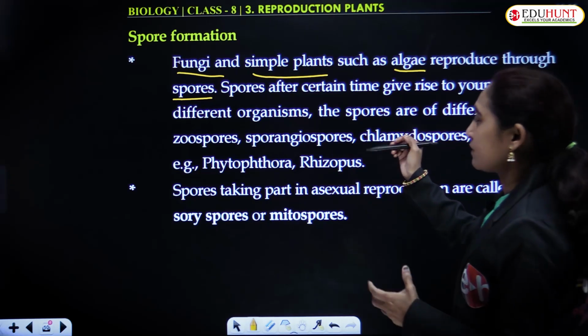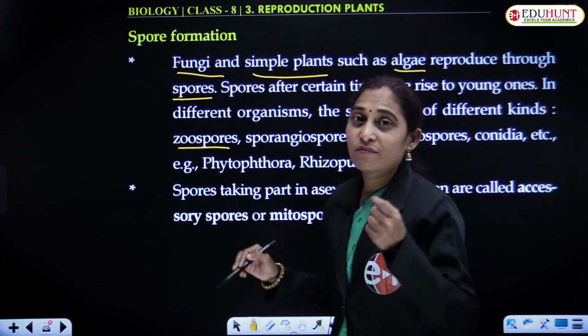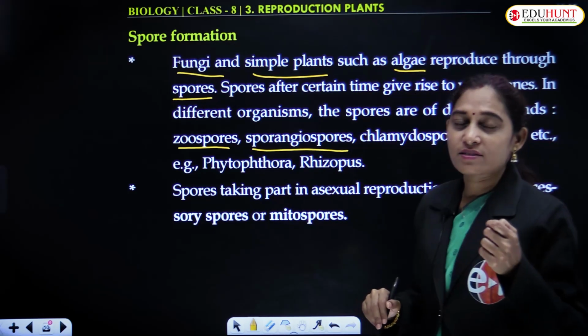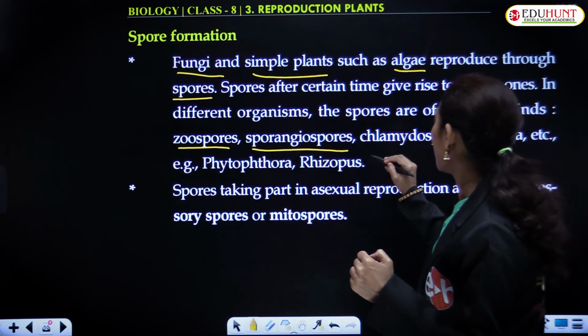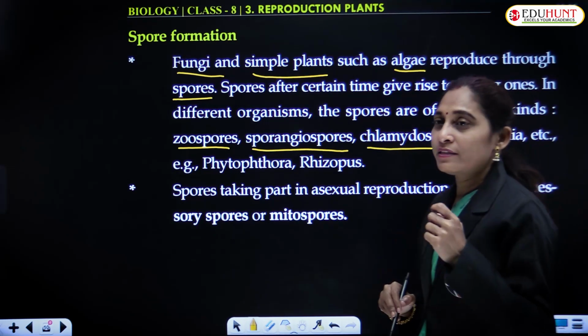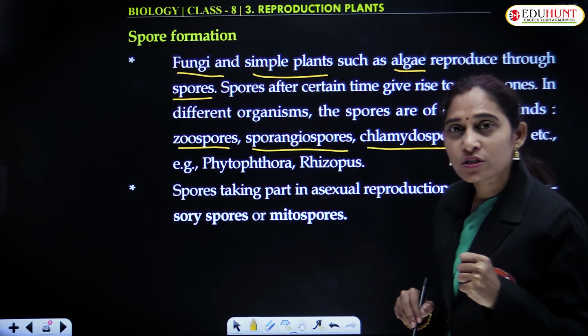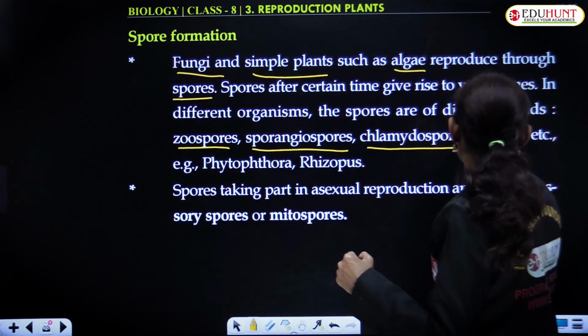The types of spores are zoospores, they bear flagella. And sporangiospores, we can see this kind of sporangiospores in Rhizopus. Chlamydospores, these are also resting spores. These are produced during unfavorable conditions.